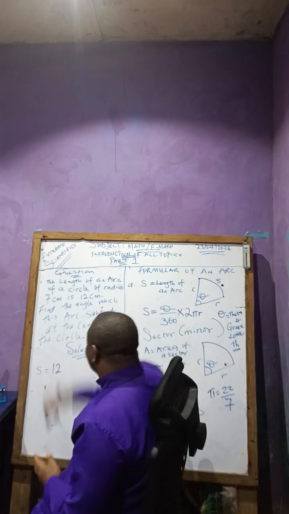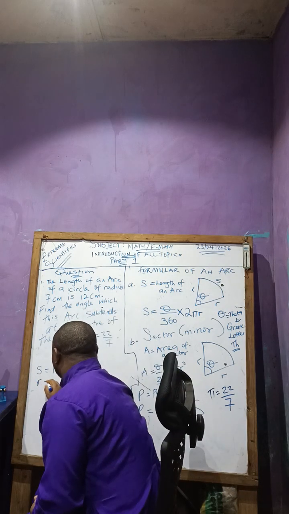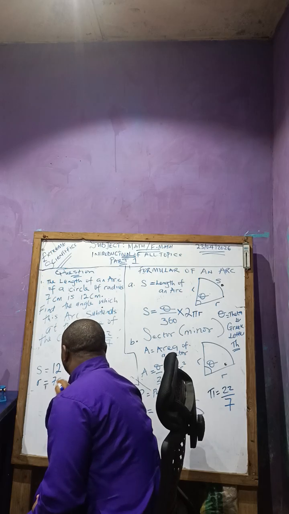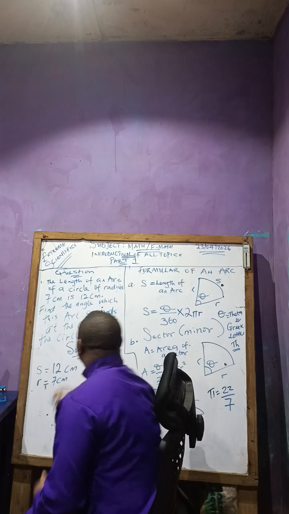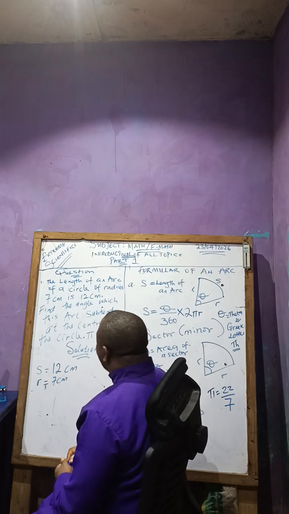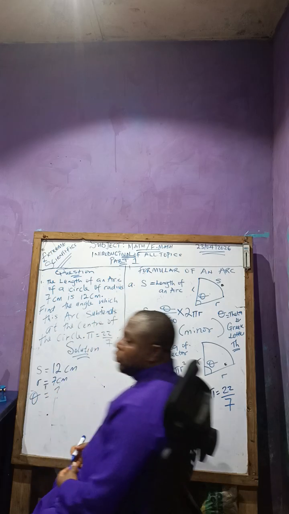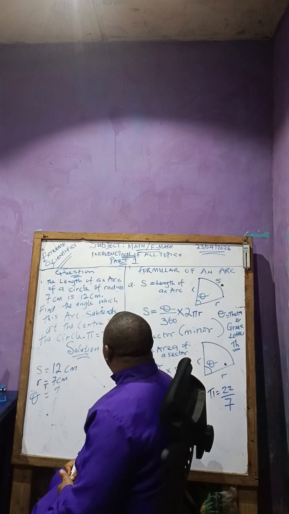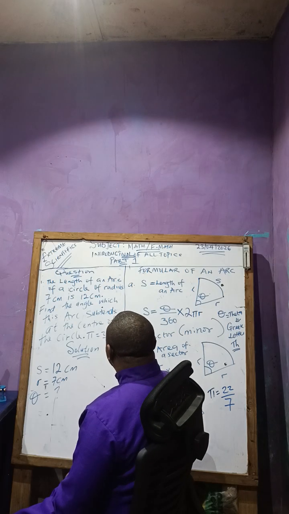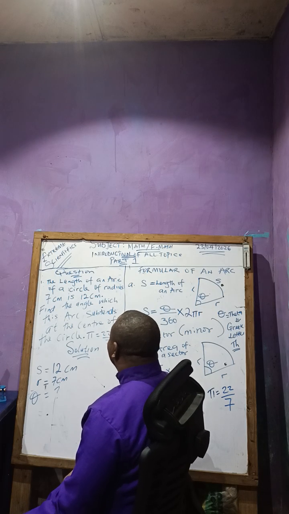Now the radius is 7. Now they say find the angle. What am I looking for? Theta. I don't know theta, the angle which this arc subtends at the center of the circle.